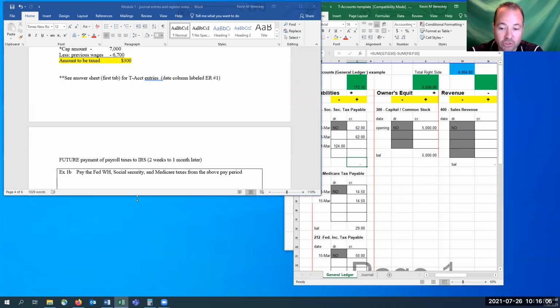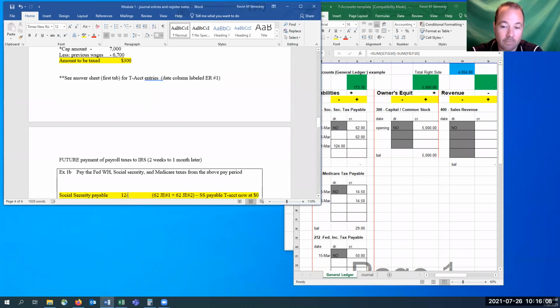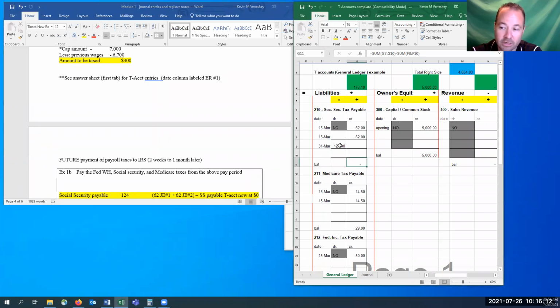So that's going to be my first journal entry. I'm going to debit my Social Security payable for $124. And that 124, I tried to put it here, is where I got it, the 62 and the 62. Now my balance should be 0. We're going to do the same thing for the Medicare tax.